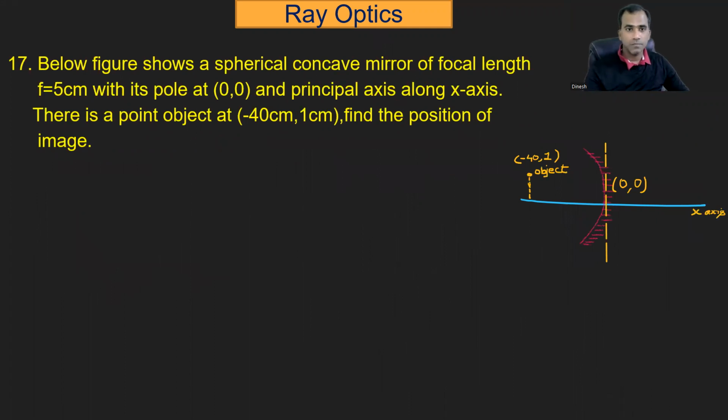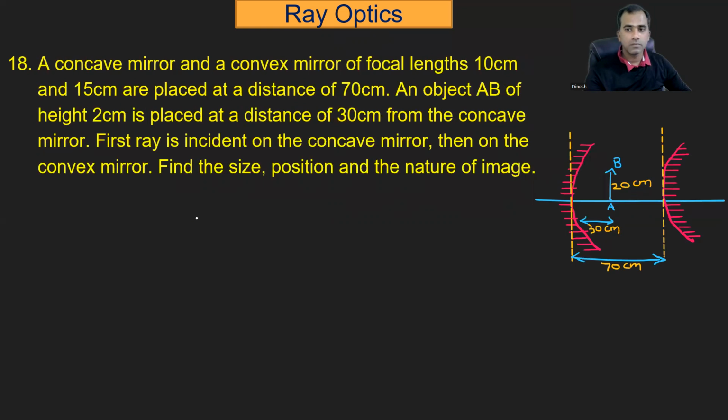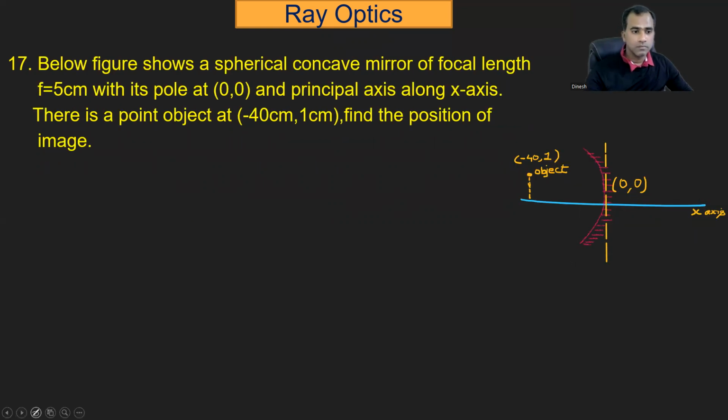Okay, let us try this one. Focal length is 5, minus 5 comma 0 is the point of the focus.